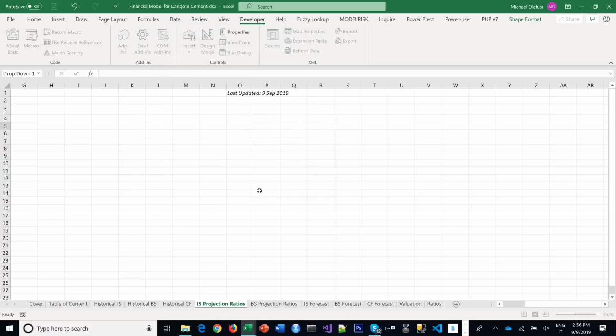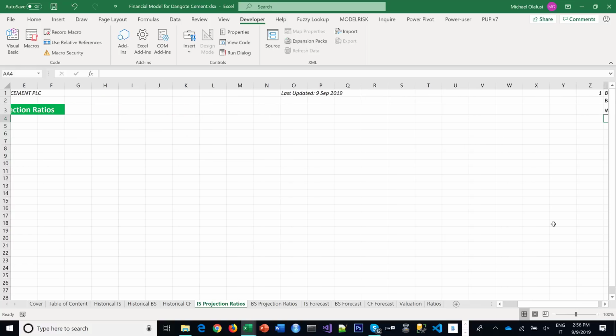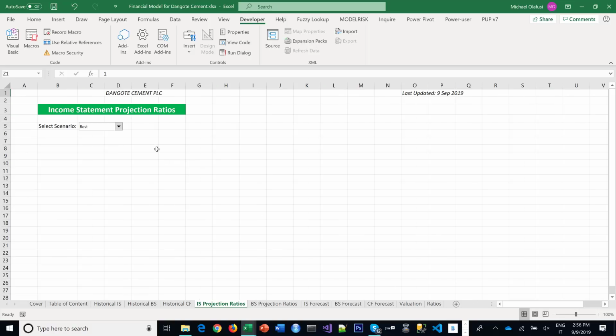So I click OK, and then I can complete that by saying this is best case, this is base, and this is worst case. And from this moment forward, those are the options that will be here. When you pick best case, you will see that this will indicate what you have picked. You've picked the first of the options. So this is what I use a lot in my commercial jobs.